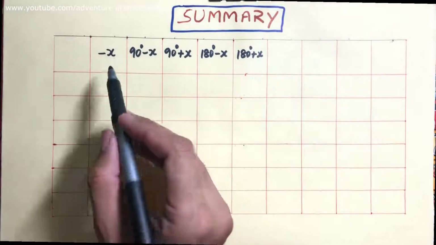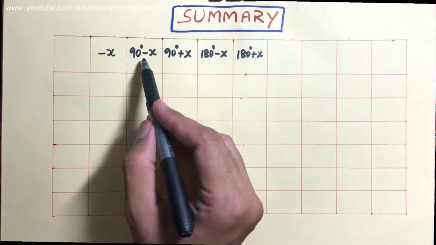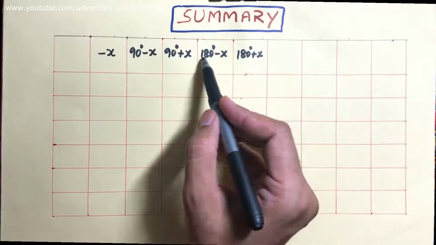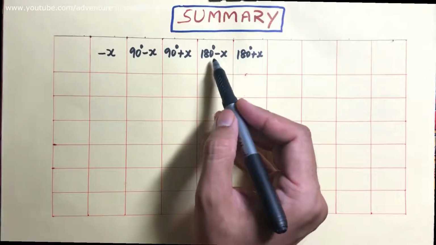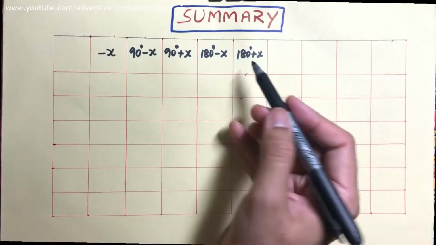So as you see, this is for the negative of angle, and this is for first quadrant, second quadrant. And what about this? This is again second quadrant, 180 minus x, and here we have entered into third quadrant.